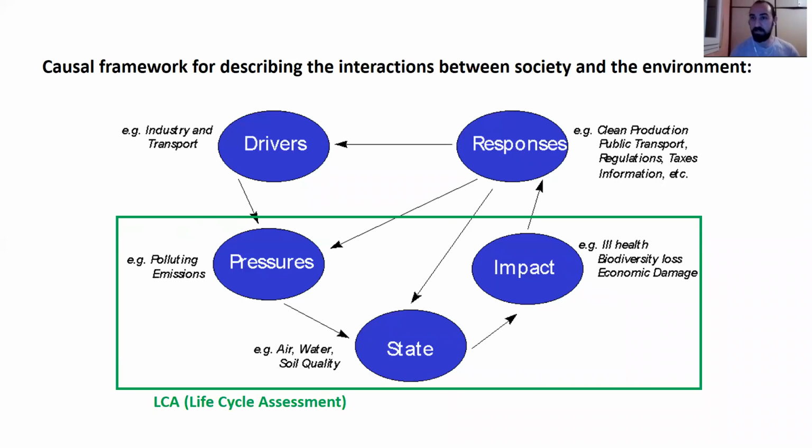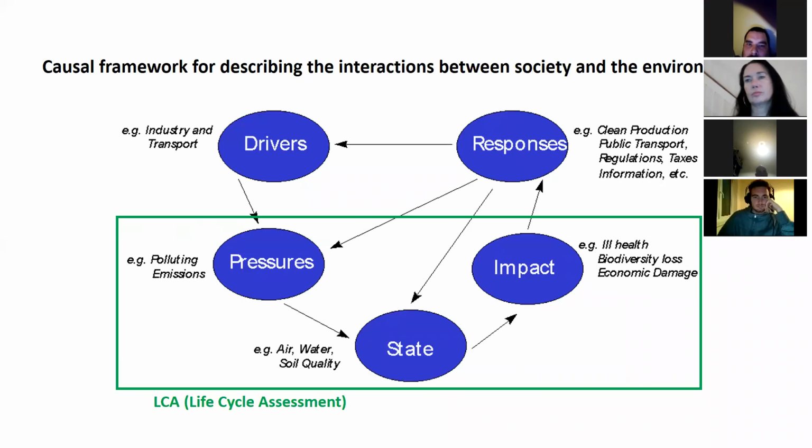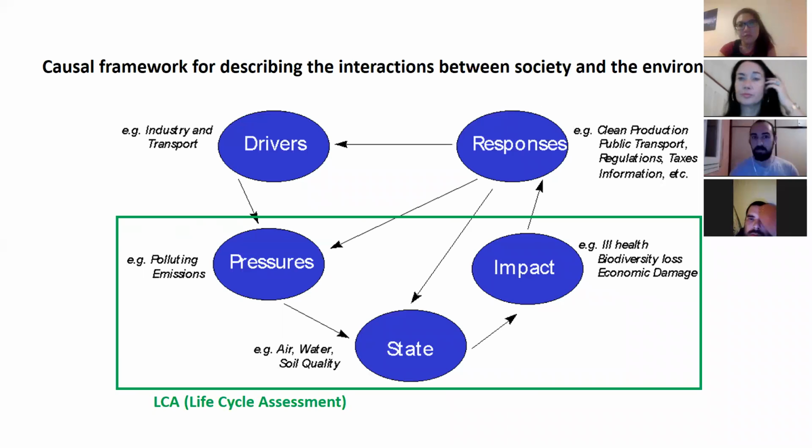So drivers are why we do it. Pressures are what we are emitting to the environment, or what we are taking, during this activity. And the state is after we do this.